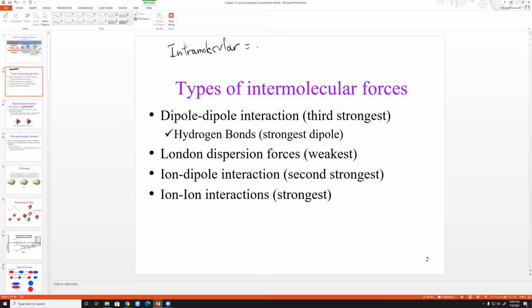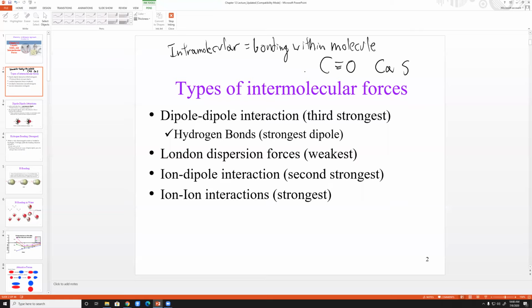What that means is bonding within molecules or within a molecule. If you have calcium sulfide, that's an intramolecular bond. So an intramolecular bond is covalent or ionic.